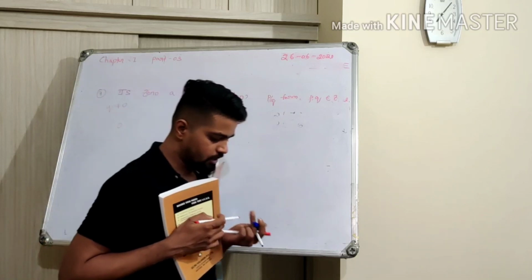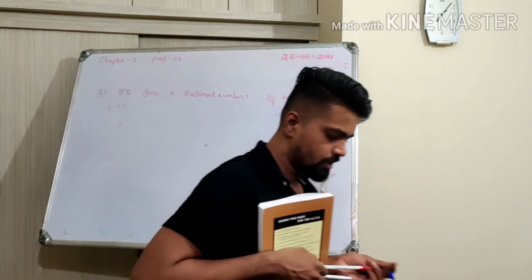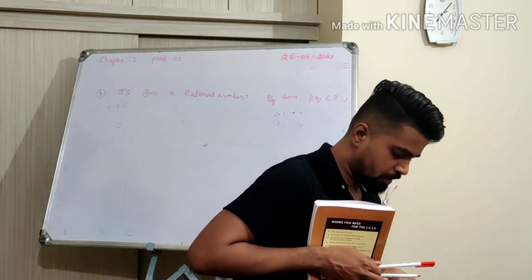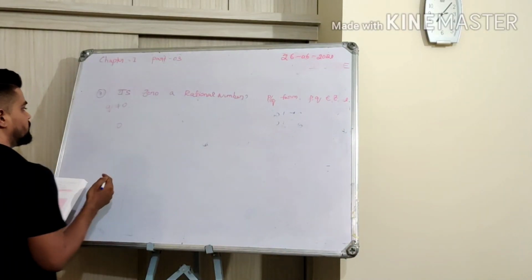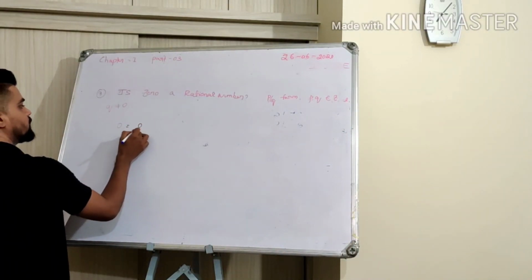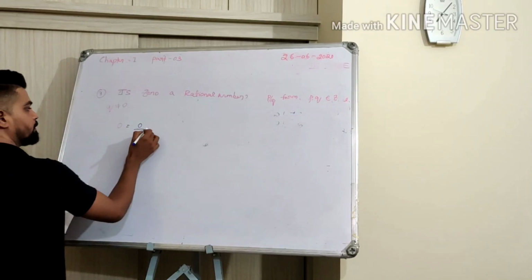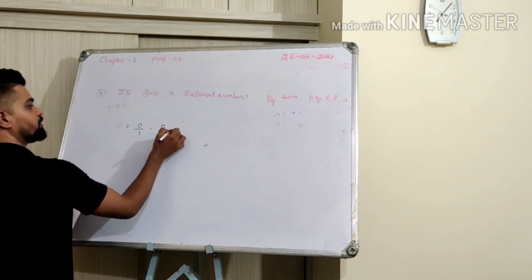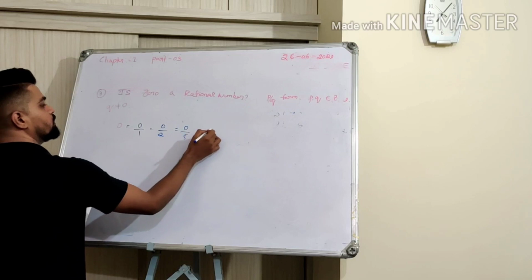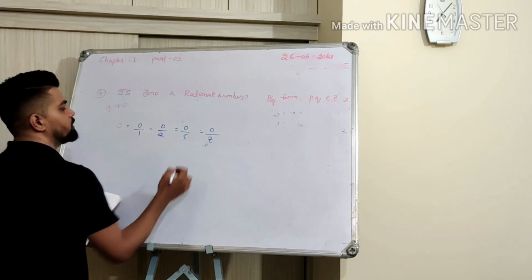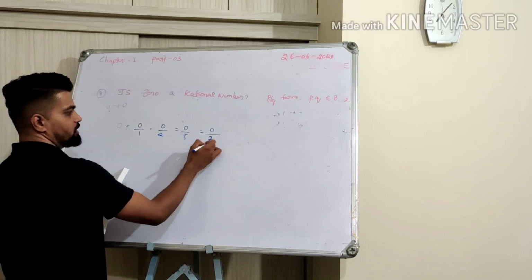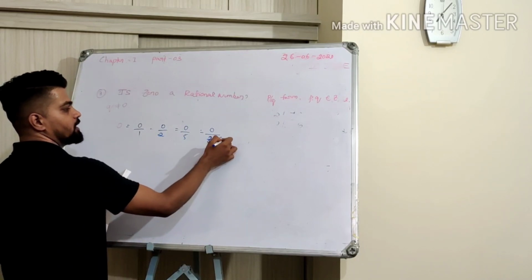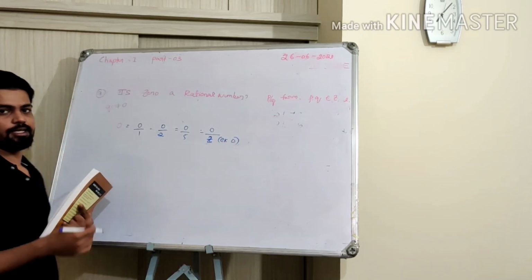So we can write 0 in the p by q form in many ways. Say for example, p by q form where p and q should be integers, right? 0 can be written as 0 by 1, no change, right? 0 by 2, 0 by 5, 0 by any integer. Okay, but not 0 by 0, any integer other than 0. Except 0, any other integer we can write.